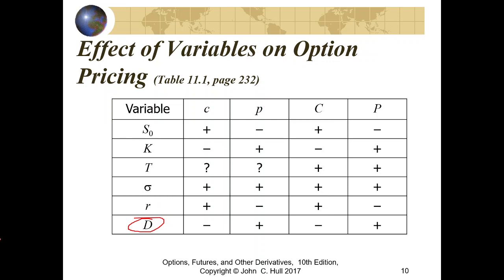To understand the effect of the dividends, we need to see how the dividends will affect the underlying stock price. So the channel to understand the effect of the dividends is through the effect of the dividend on the underlying stock price. Now we know when a company declares a dividend, there are 3 important dates.